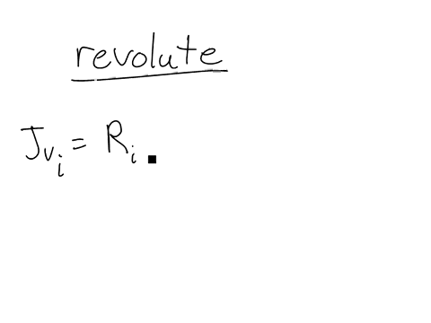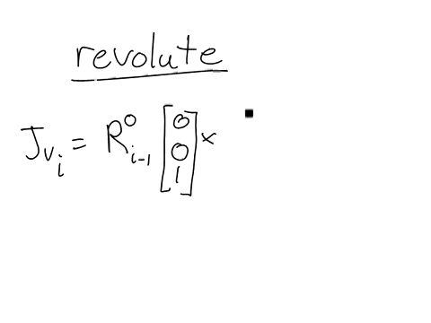We take R i minus 1, multiply that by 0, 0, 1, but then we have to cross this value with the subtraction of the position of the end effector minus the position of joint i minus 1.